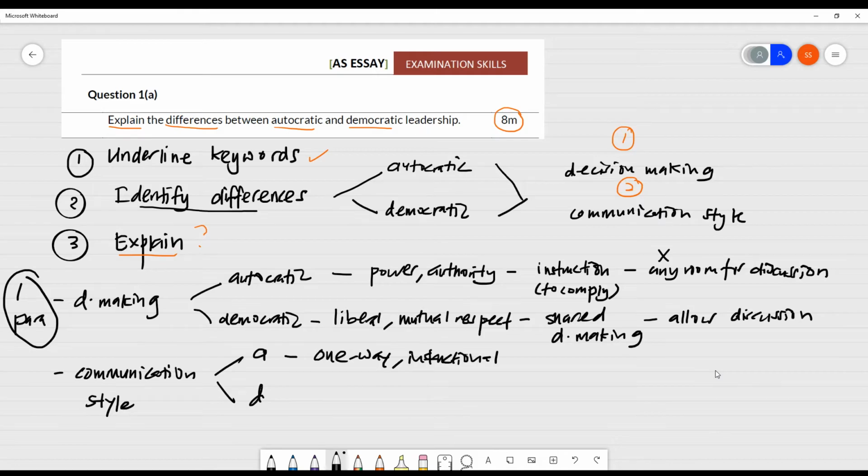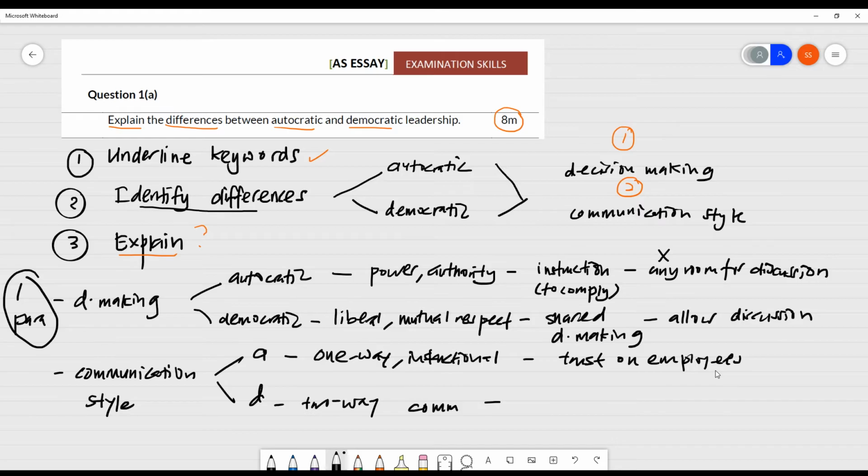Which means do not allow any form of response from employees, right? Which means it's more of a direct method. And this is probably because they do not have trust in their employees, right? And they believe that the employees need to be instructed rather than anything else, because they want to avoid mistakes, for example. All right.